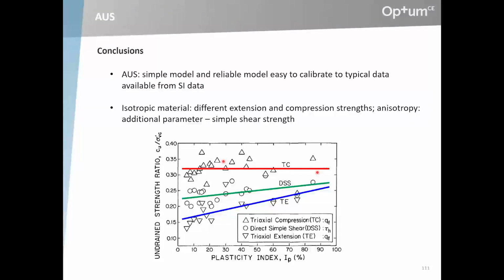If you only have extension and compression, well, then you can use the isotropic version of the model. And I should say, I would think it is always worthwhile to assume, no matter what information you have, a reasonable extension to compression ratio, and that will always be less than 1. 0.7 would be my default value of choice.